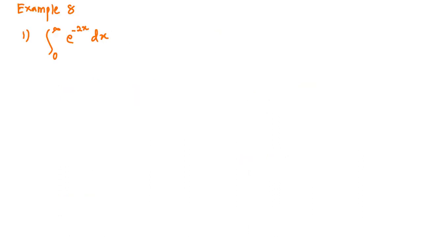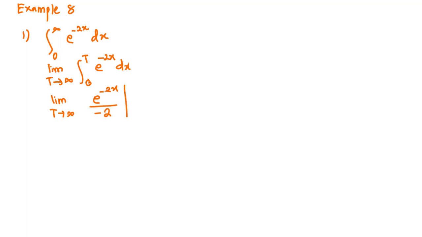Now we want to solve. We put the limit as t approaches infinity, and integrate from 0 to t of e to the negative 2x dx. So we integrate and we get e to the negative 2x divided by negative 2, from 0 to t.